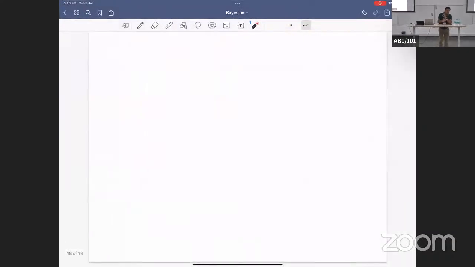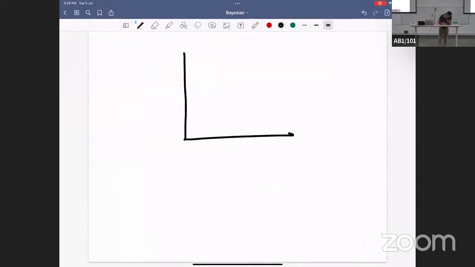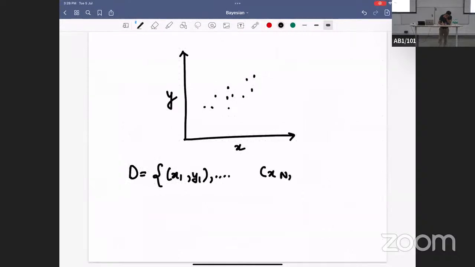Okay, so let's first fix the setting. Your data set is x1, y1, ..., xn, yn pairs, right?